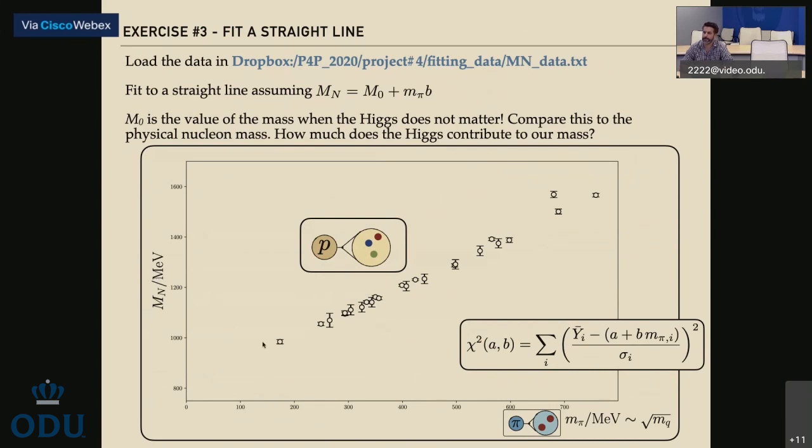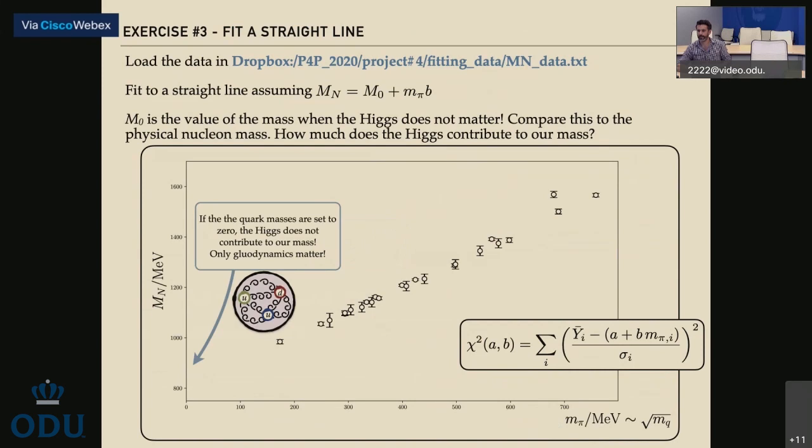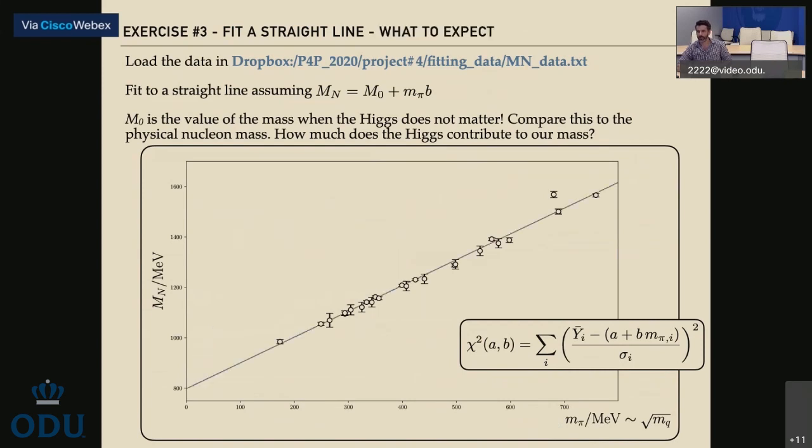Okay, and so you're saying that nucleon mass is a function of the pion mass. And what we were talking about is that you should try to do a fit where you're assuming a linear form. So this data looks pretty linear. It looks like a straight line as a function of this parameter m_pi. And so the thing that I was trying to get you to do is do a global fit of this.